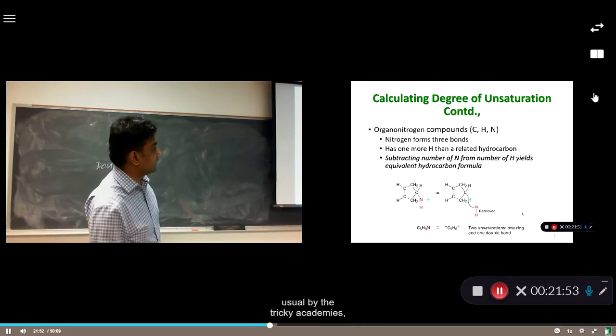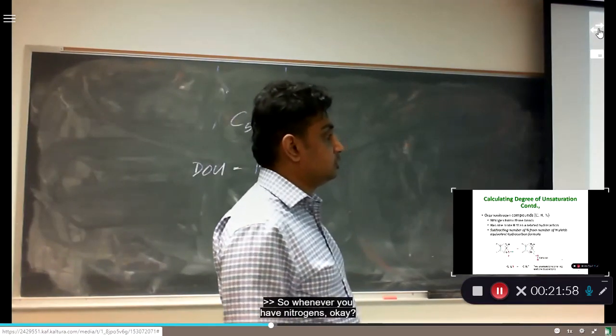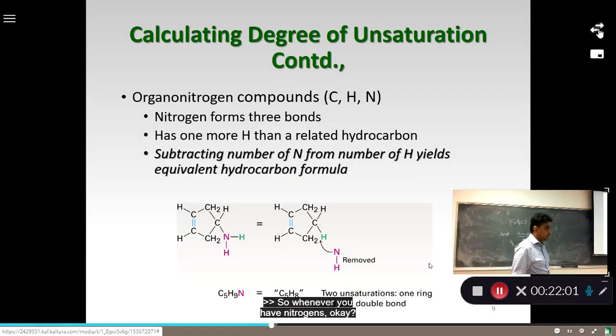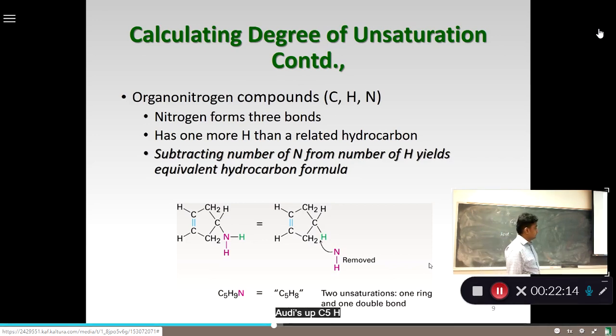But the tricky atom is actually nitrogen. Whenever you have nitrogens, subtract the number of nitrogens from the number of hydrogens. In the example on your lecture note, C5H9N, you have one nitrogen. So from the 9 hydrogens, remove one hydrogen.